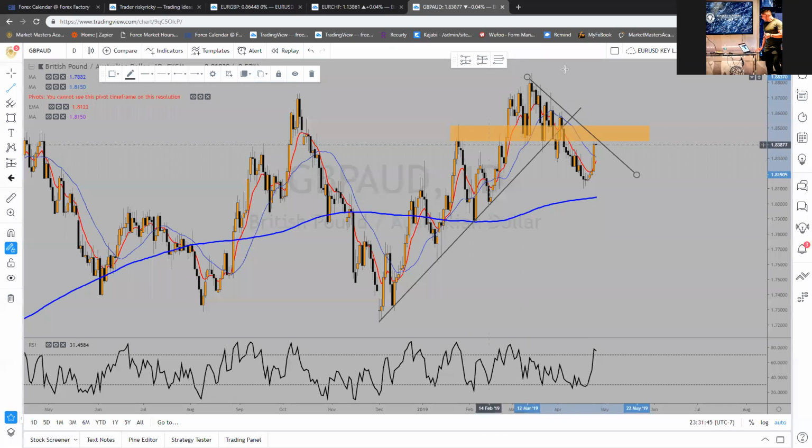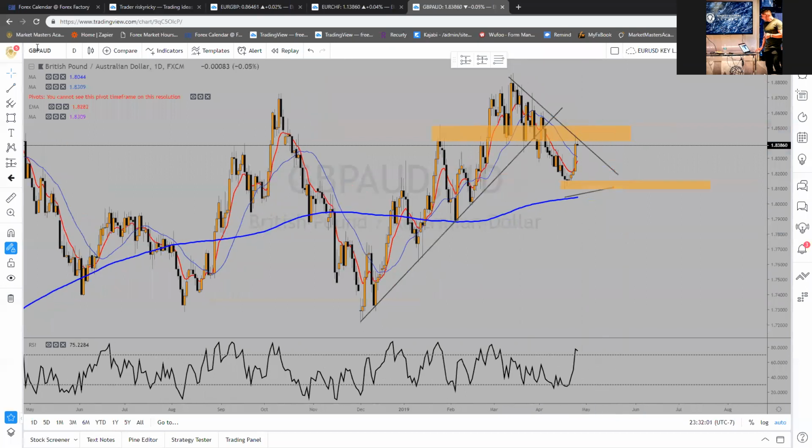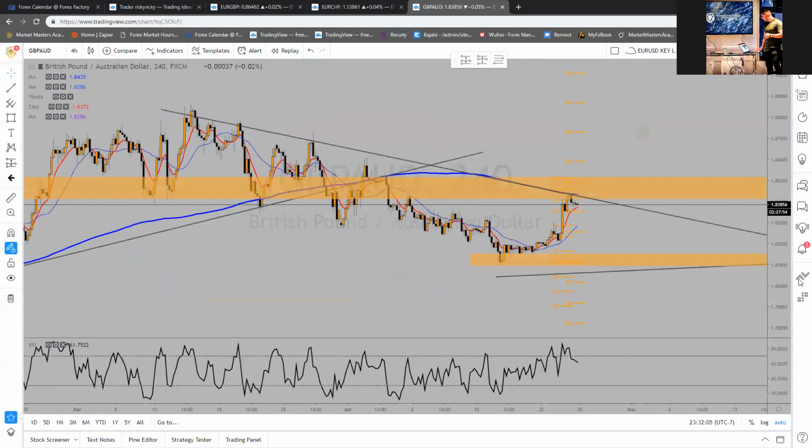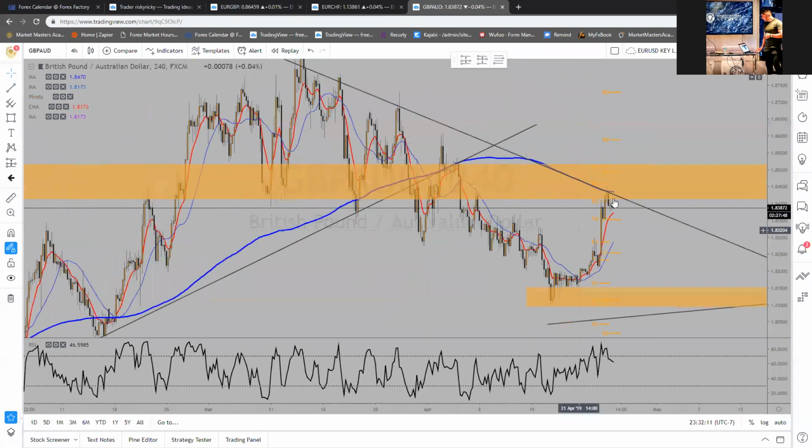So what do you think is going to happen? Creating a lower low, lower high, and then continuing down to the lower low, probably meeting up with this 200 moving average, down to this area right there. Now, looking at the bigger time frame, which institutional traders trade off, regular retail traders are trading smaller time frames.